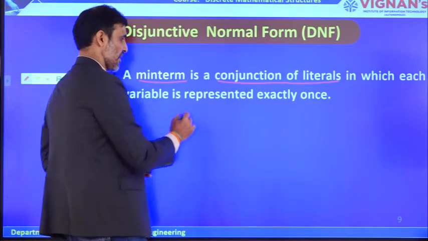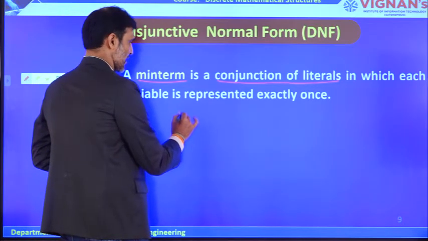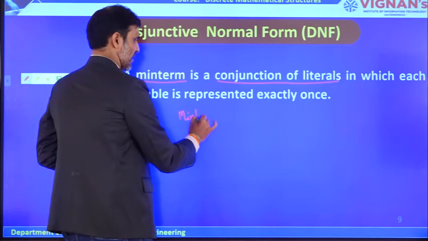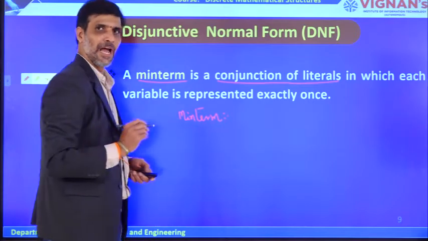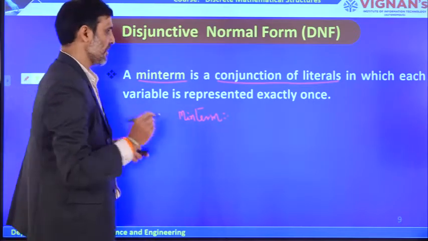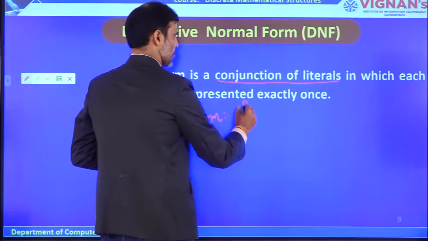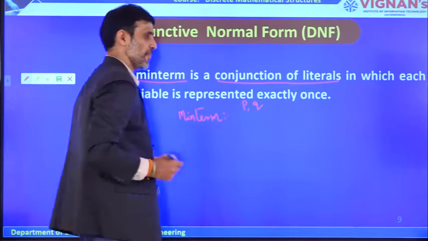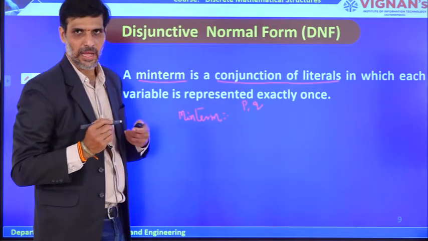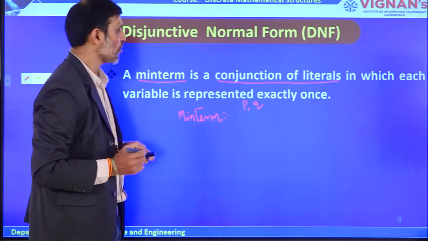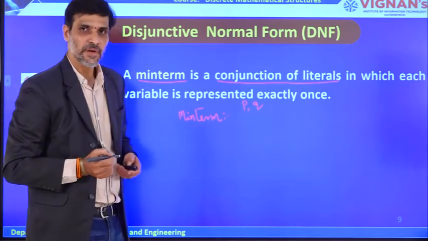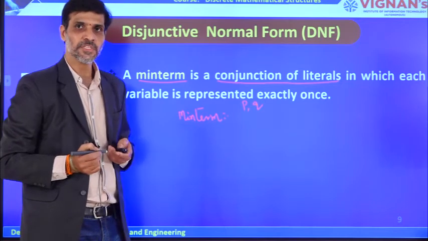What is the meaning of that? Min term is nothing but a conjunction of variables. Suppose initially I am taking 2 variables, P and Q, 2 propositional variables. Now, how do we get the min term of these 2 propositional variables?